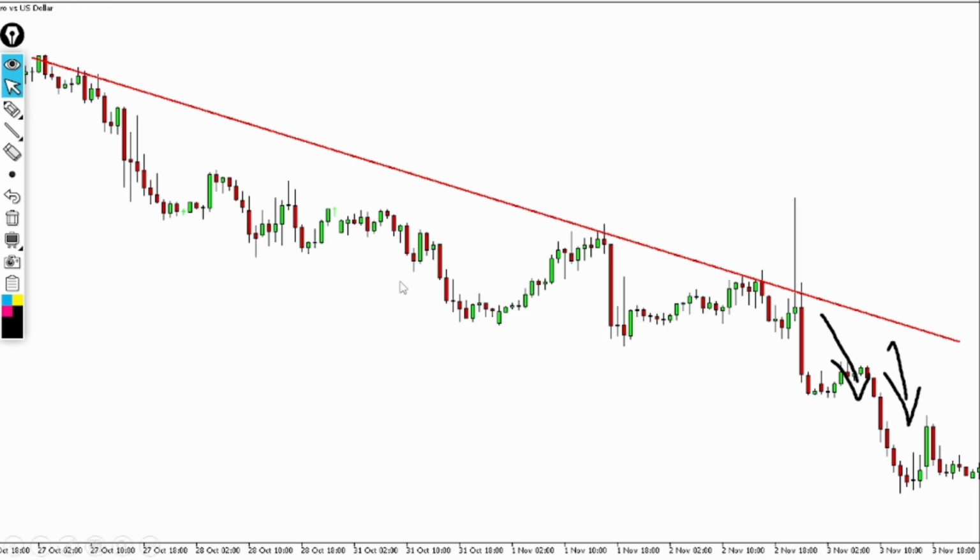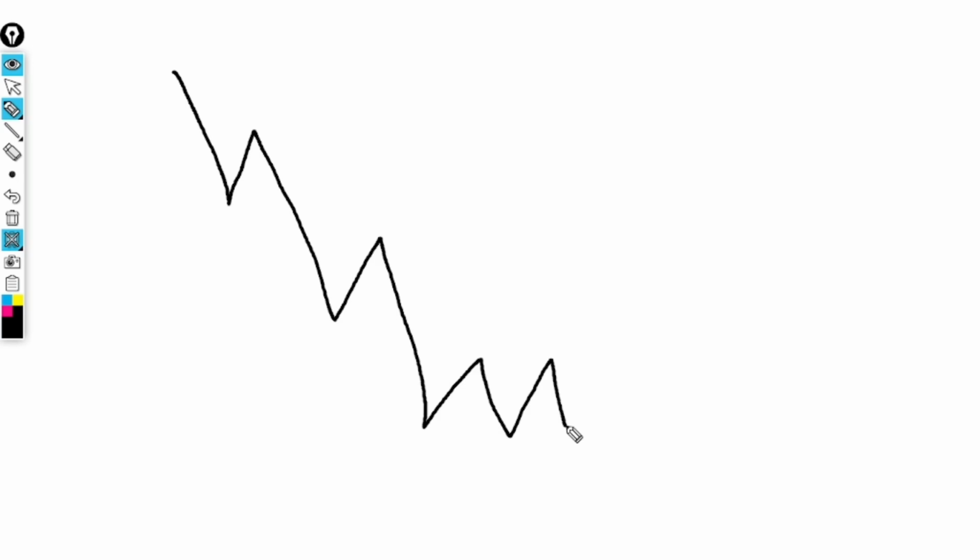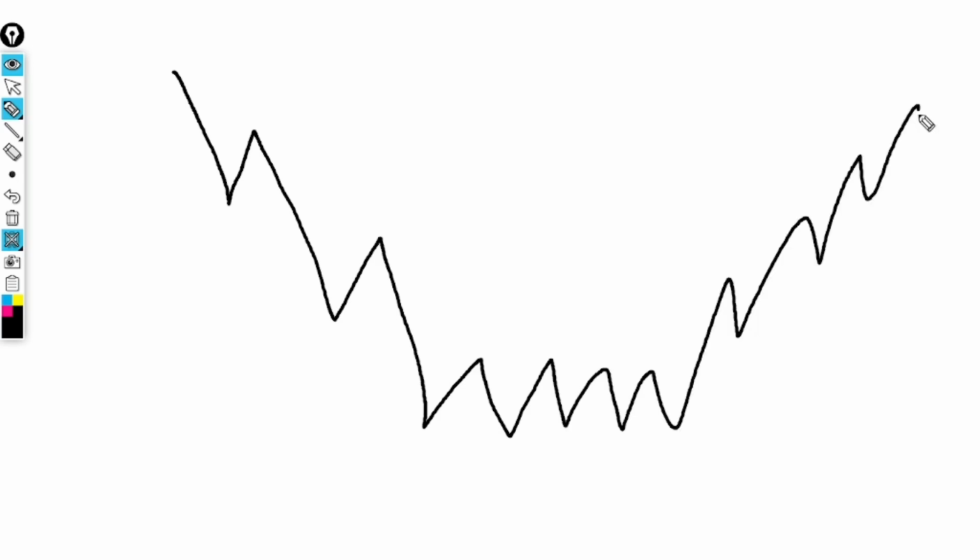All these examples that I'm showing you right now, there's something that I need you to understand. All right, a trend line will work for some time, right? But at some time it's going to be broken. Why? Because the market moves in 3 ways. Remember I said the market moves in a downtrend, or in a sideway, or in an uptrend.